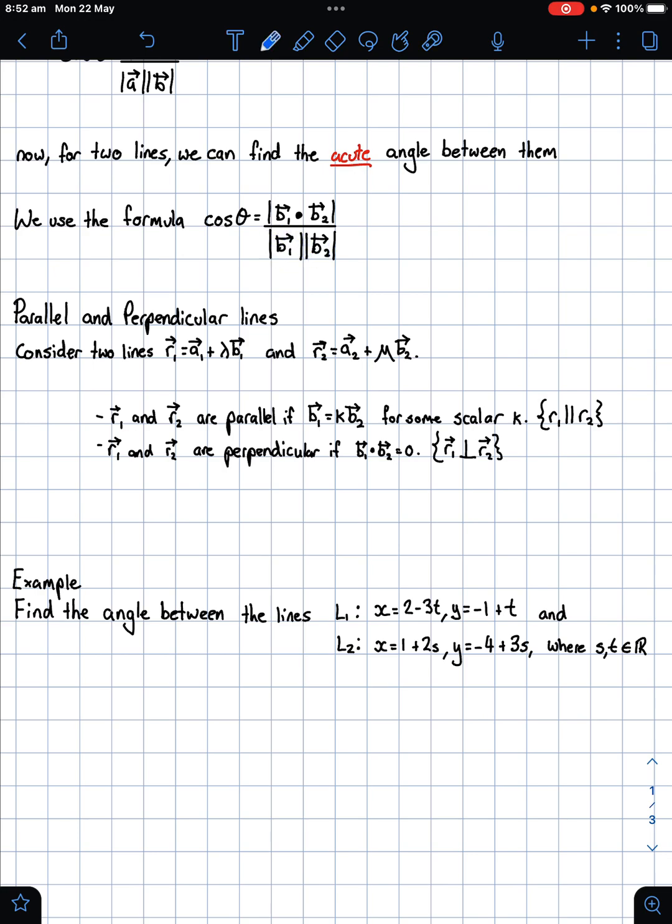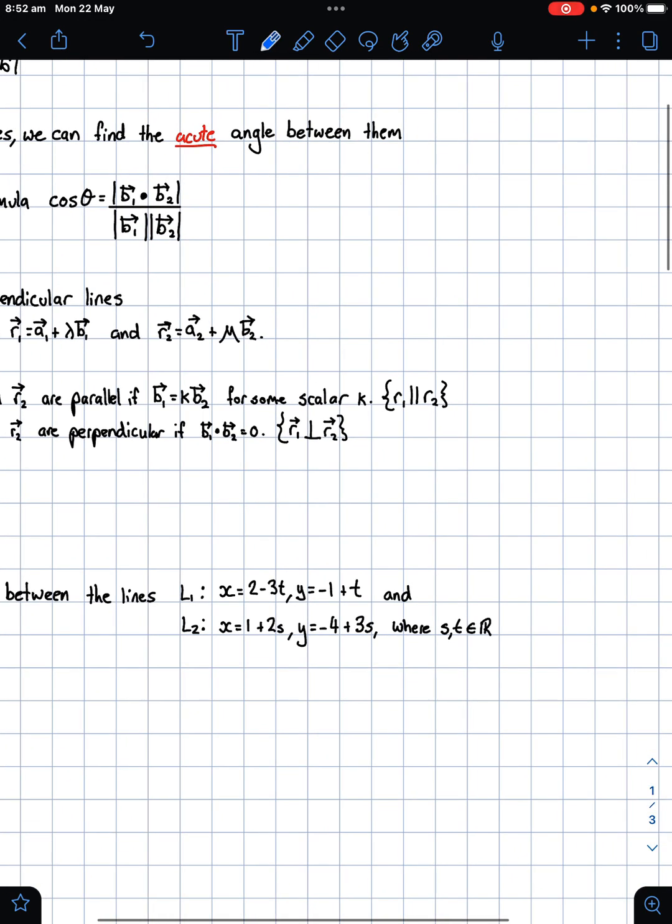Now that might not make sense for the minute, but what we're actually looking at here is we consider these lines here and here. I'm just going to make it a bit clearer.